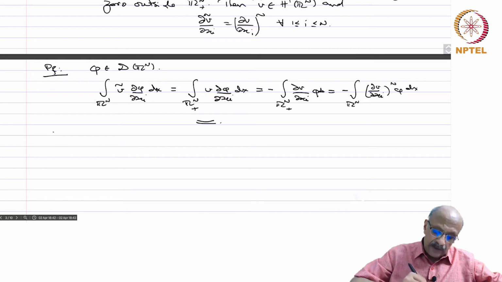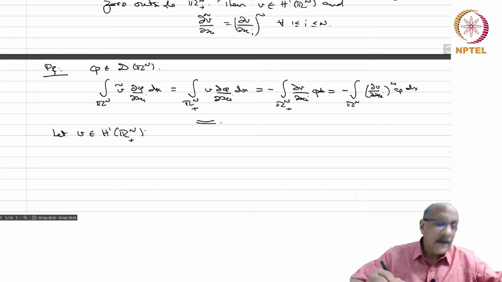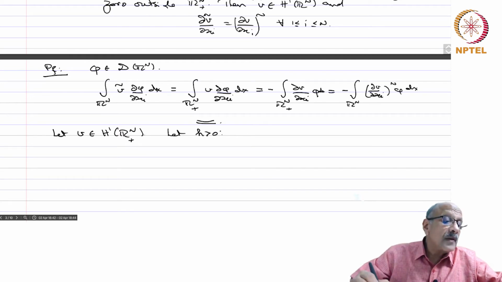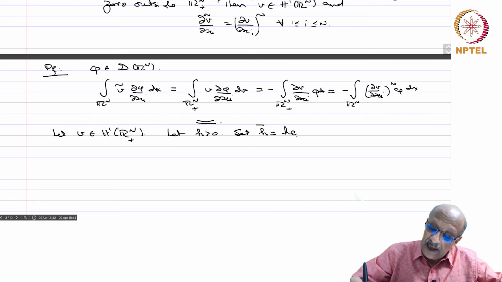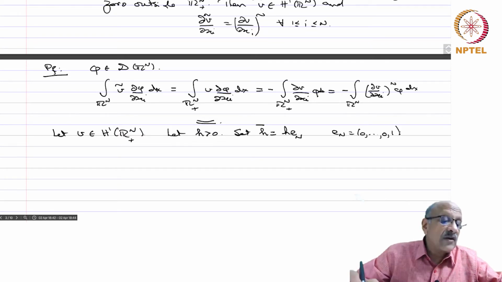So now let v belong to H1 of Rn plus. Let h be greater than 0, and you set h bar, the vector, to be h times en, where en of course equals 0, 0, 1, the nth standard basis vector of Rn.